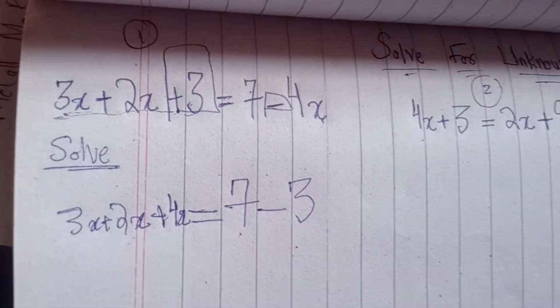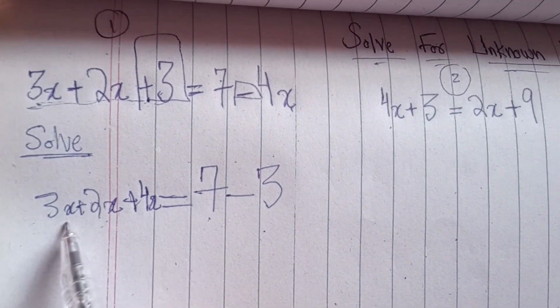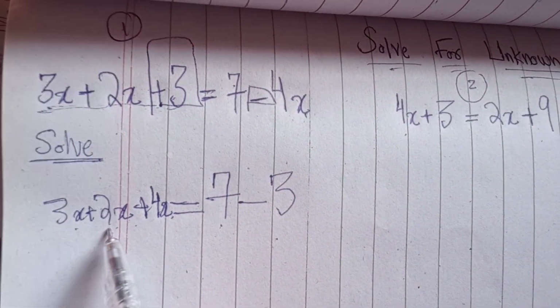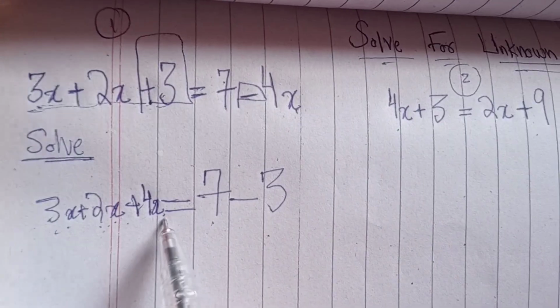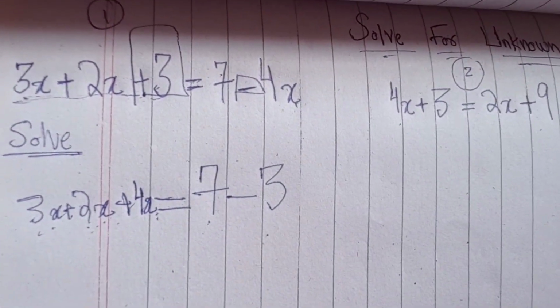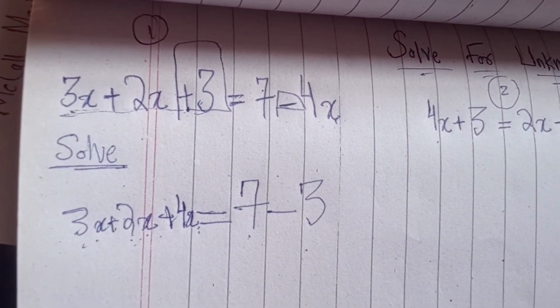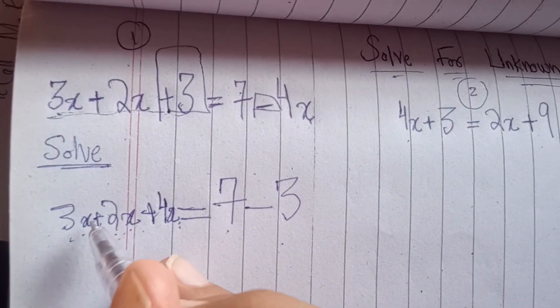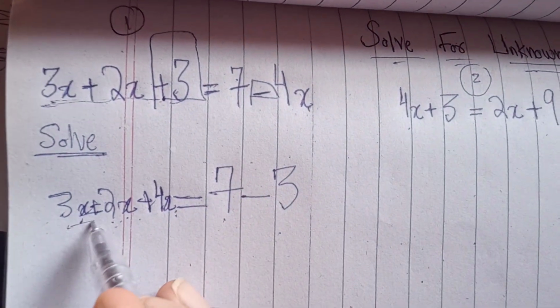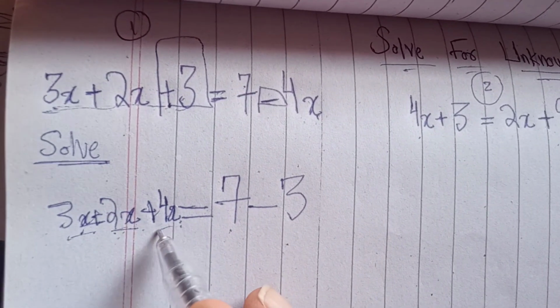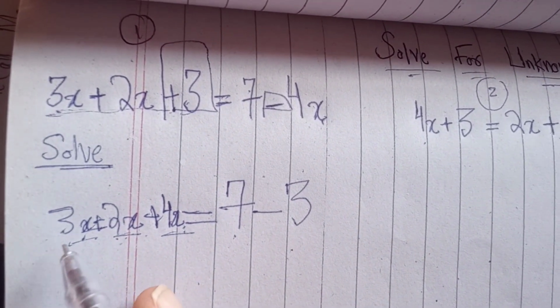Now just see this. Similar variables having numbers, we can add them according to basic algebra. Suppose x is an apple: 3 apples, 2 apples, 4 apples. How many apples does this man have?